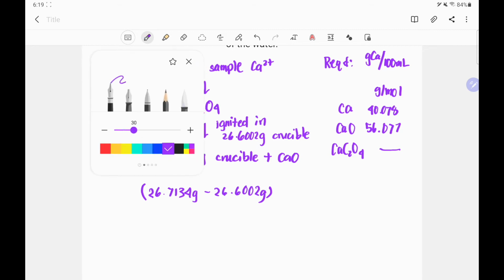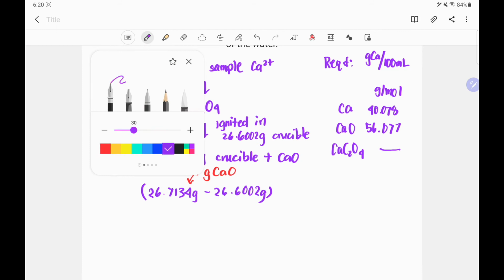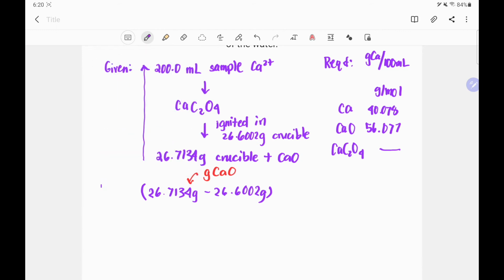So let me label that real quick. This shouldn't be too surprising for you. Again, we're just removing the mass of the crucible from the final mass containing both the crucible and calcium oxide.